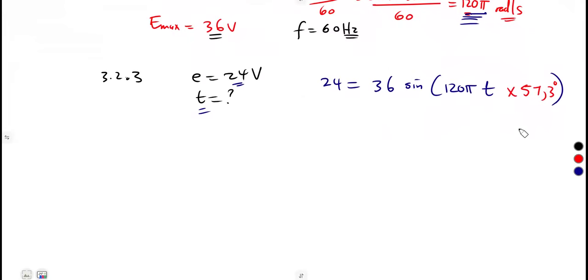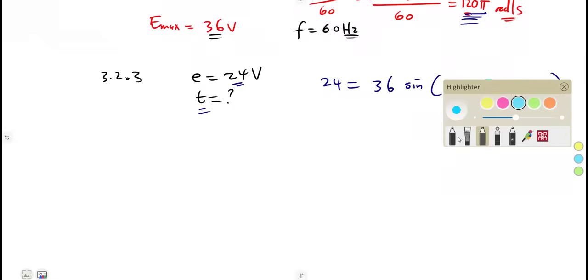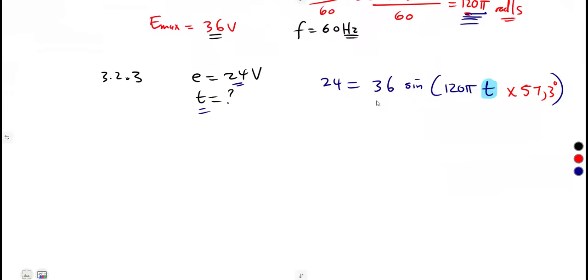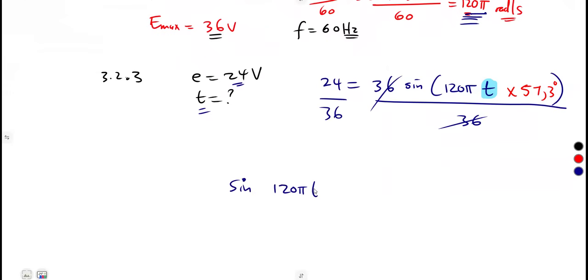So we need to find the value of t. How can I solve for t? I can simply divide by 36 on both sides, so this cancels out. So simply the sine of 120 pi t times 57.3 degrees is going to be equal to 24 over 36.